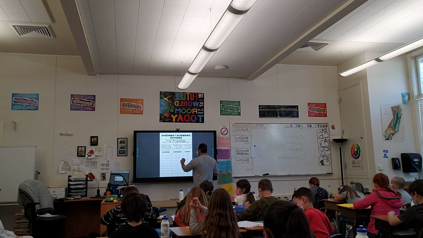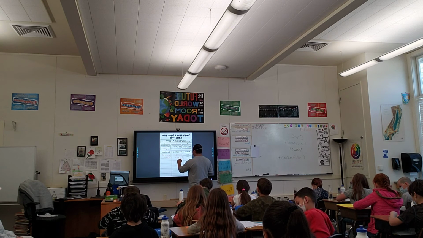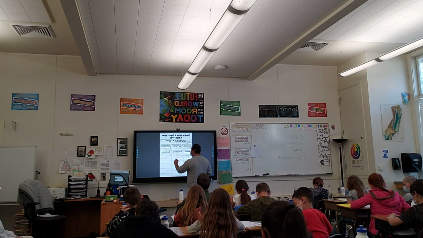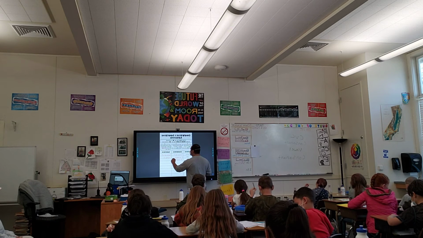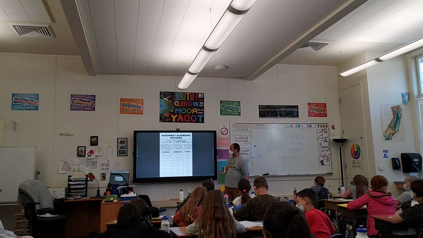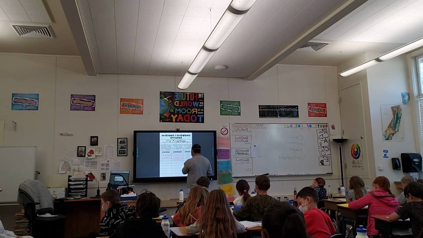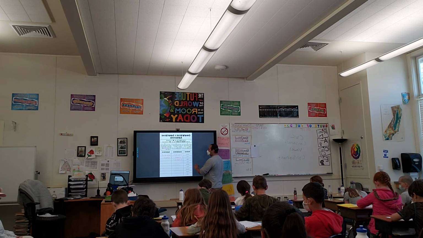So it becomes S, L, I, M, double the consonant, two M's, and then an E and an R. So that ends in a consonant, then we double it on this particular one.